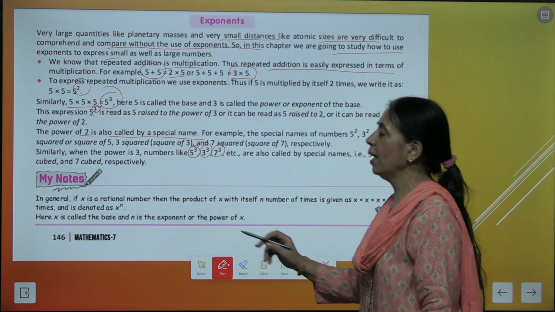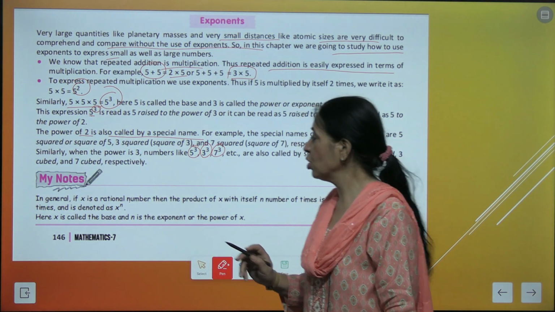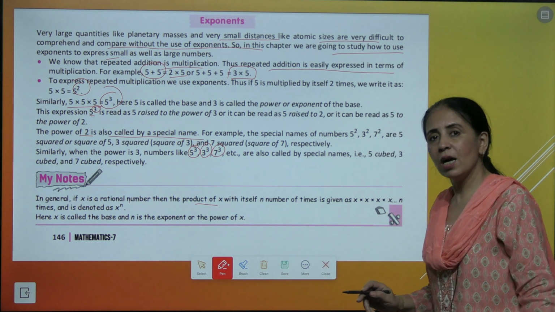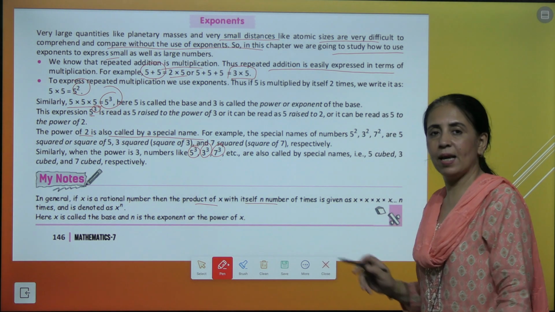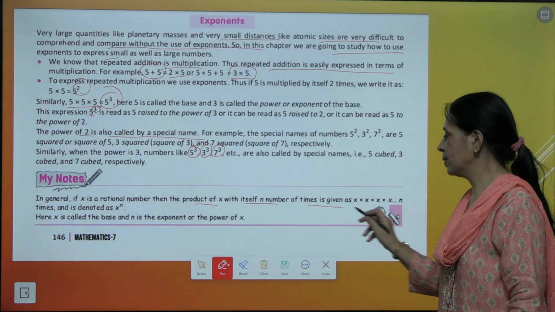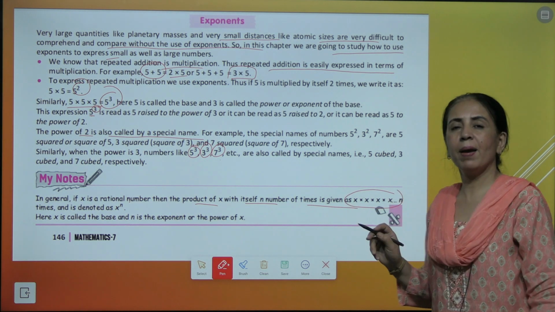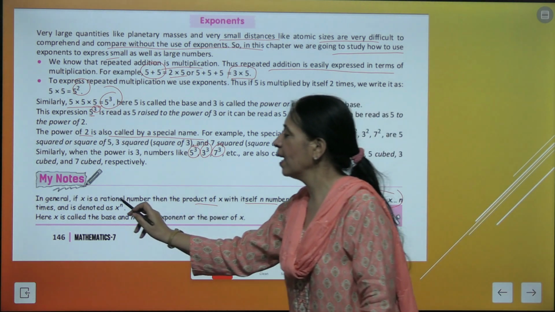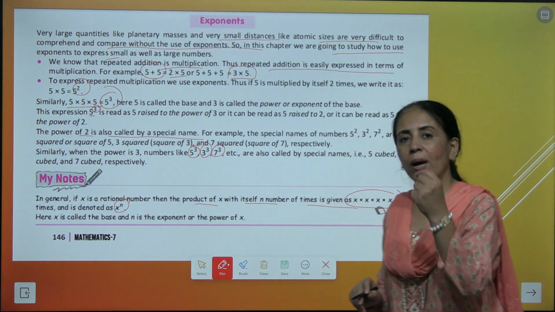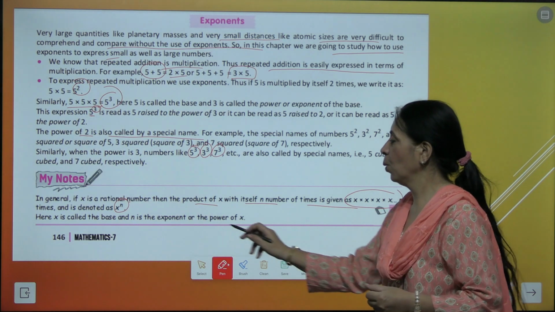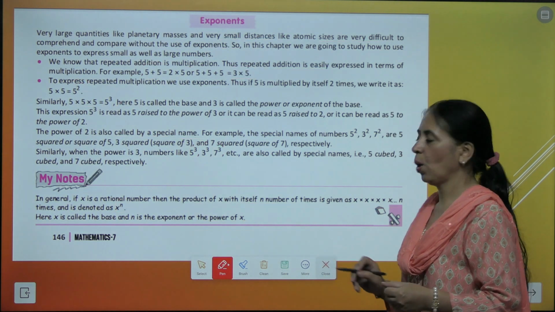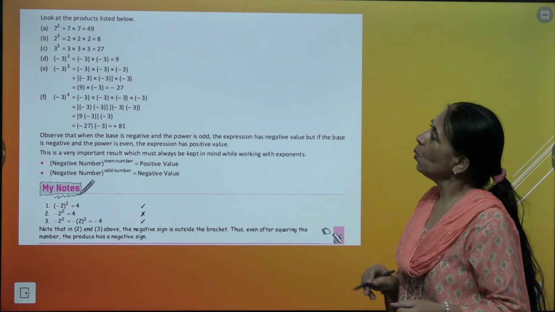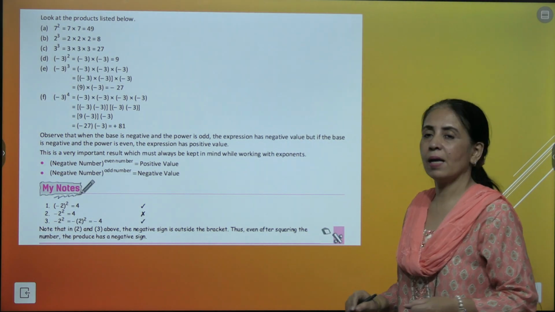So in general, if x is any rational number, then the product of x with itself n number of times is given as x times x times x, n times, and we write it as x raised to the power n. तो x हुआ बेस और n हो गई उसकी पावर. We call it exponent.